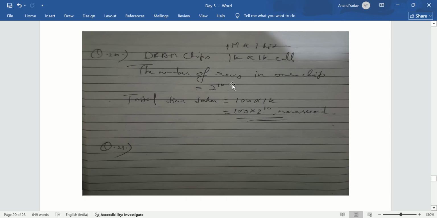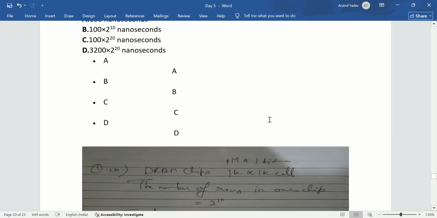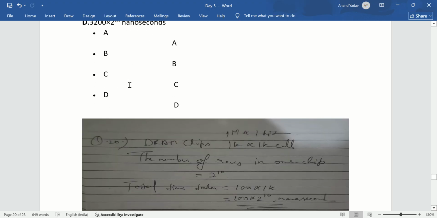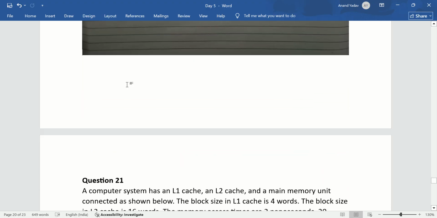DRAM chips are 1K cross 1K cells. The number of rows in one chip is 2 raised to power 10. Total time taken is 100 cross 2 raised to power 10 nanoseconds. So option C is correct for this, so option B is correct for this question.